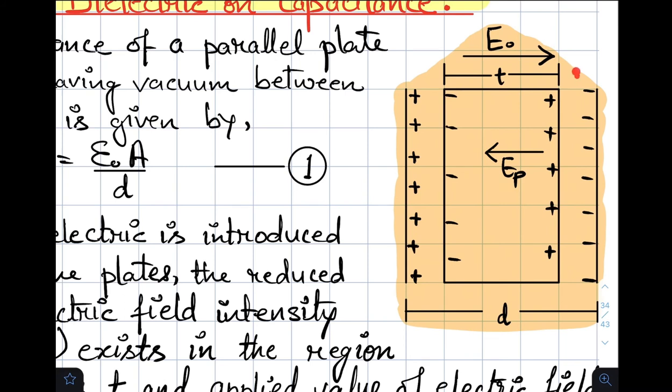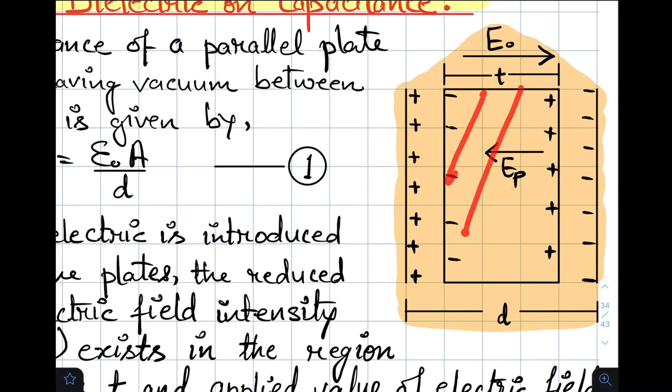Before the dielectric was placed, the electric field was E naught. As the dielectric is placed, what is happening? Because of this negative, a positive develops here, and because of this positive, a negative develops here. So inside we have a polarization electric field, EP, in the opposite direction, with E naught going in this direction and EP in the opposite direction.